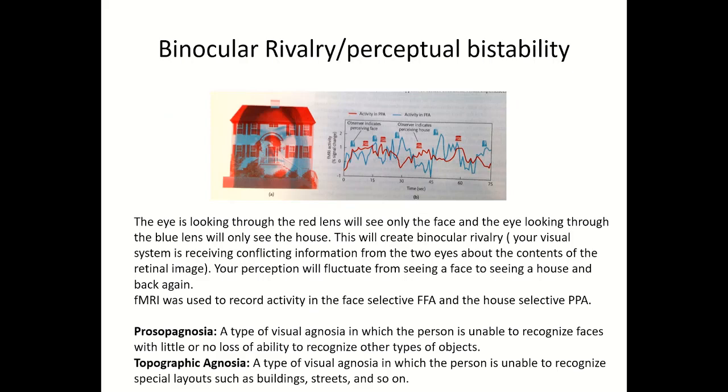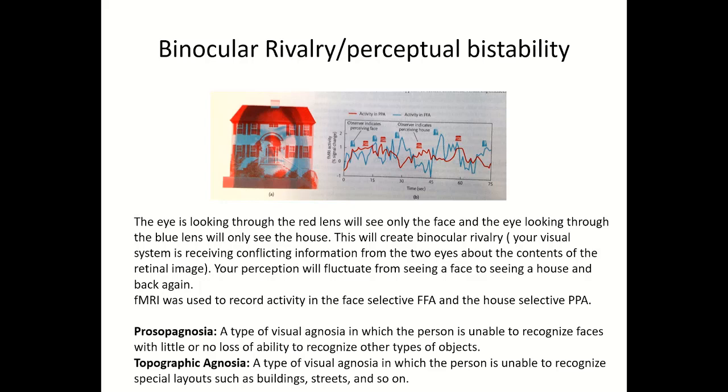Like dichotic listening and shadowing, your visual system also behaves very similarly, and that is called binocular rivalry. That means you present two different things in two visual fields or two eyes, then a conflict occurs in the brain.